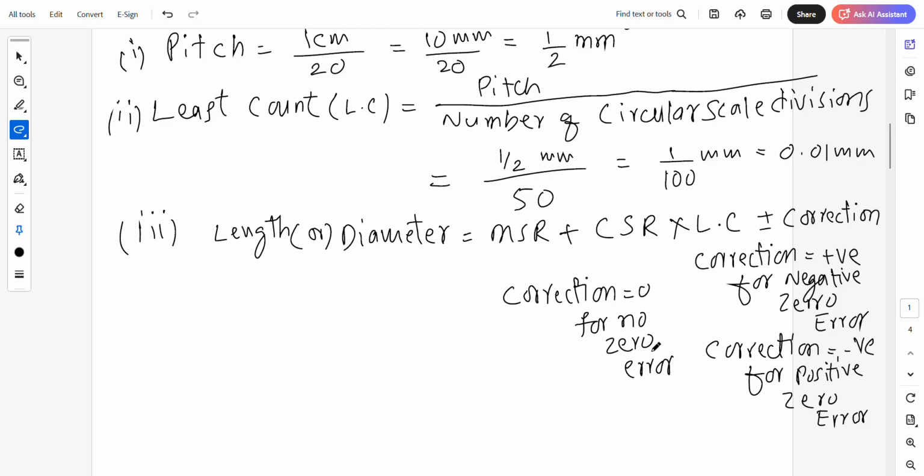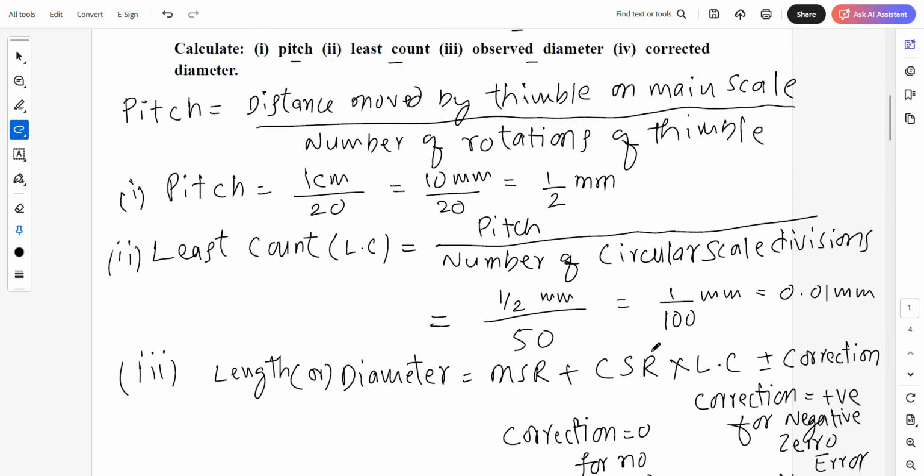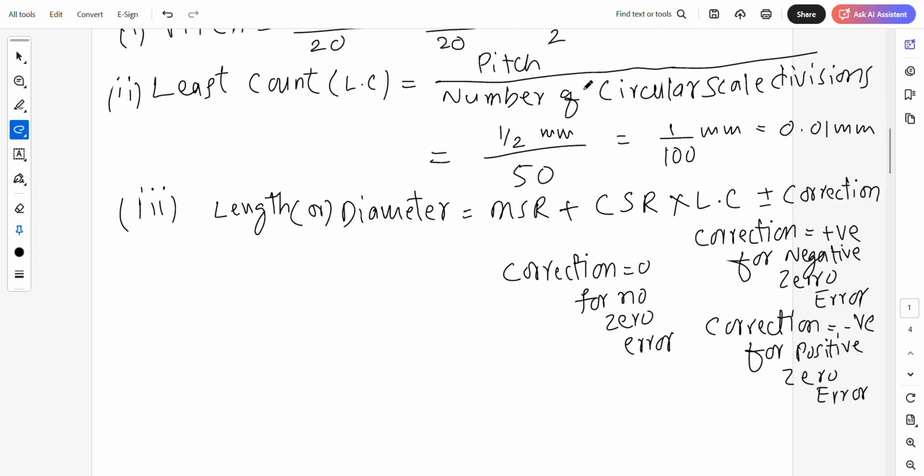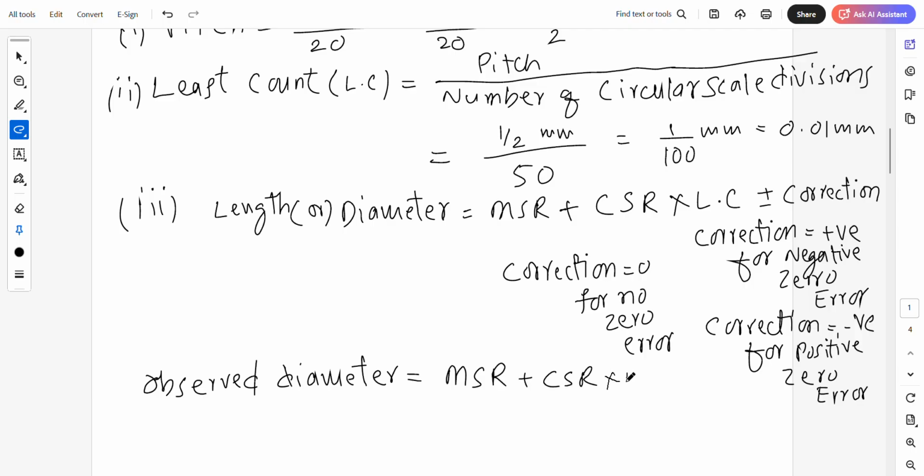Now, you are supposed to calculate two things here: observed diameter and corrected diameter. What is the observed diameter? That is without any error, with no zero error. Observed diameter is equal to MSR, main scale reading, plus CSR into LC, where correction will be 0 for no zero error.